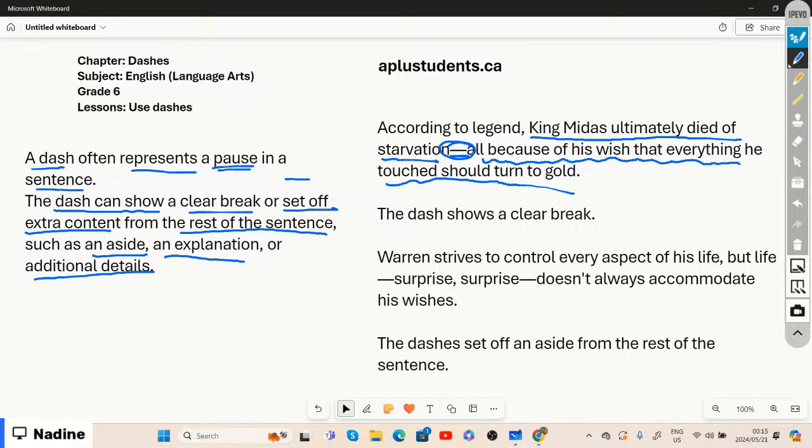All right, if we look at another example, it says, Warren strives to control every aspect of his life. But life, surprise, surprise, doesn't always accommodate his wishes. Right? And here we have two dashes.